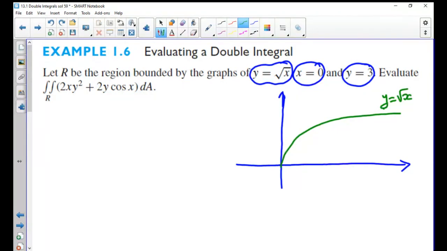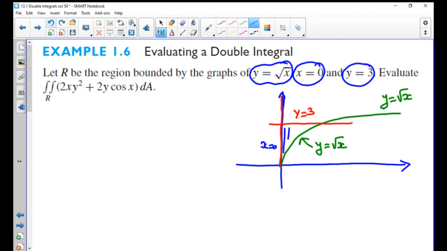Then x equals 0. What is x equals 0? That's the y-axis. So we are here. And y equals 3 is a line here. Okay, y equals square root of x, and x equals 0.